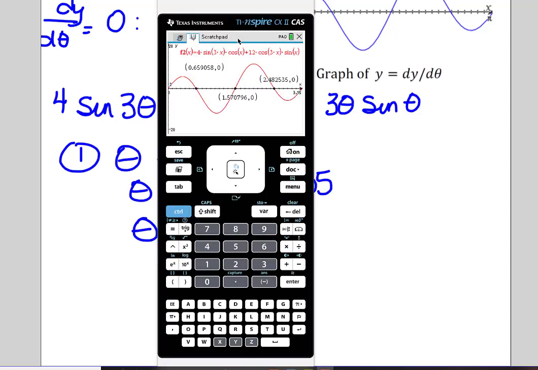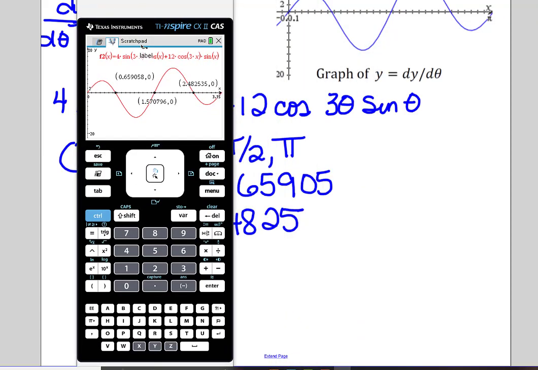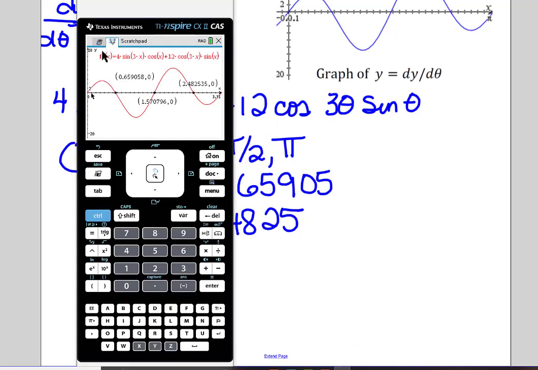Okay, so using my graphing utility, let me show you what I did. I graphed the function in function mode, and I found out that I had a maximum right here at 0.659. So I had a maximum right here.